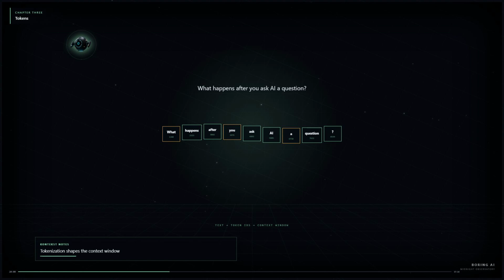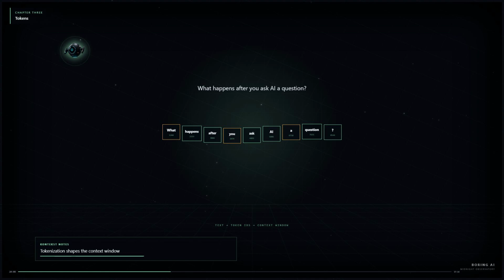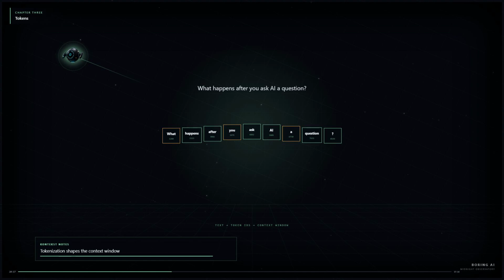The model does not receive your sentence as a sentence. It receives a sequence of token identifiers. The token train is now ready for the next transformation. Numbers that merely name symbols must become numbers that can participate in learned relationships.